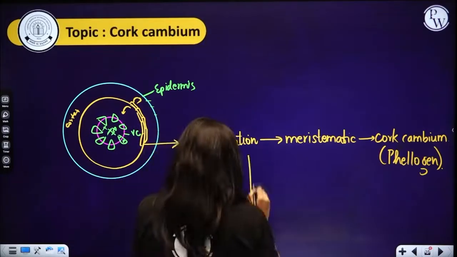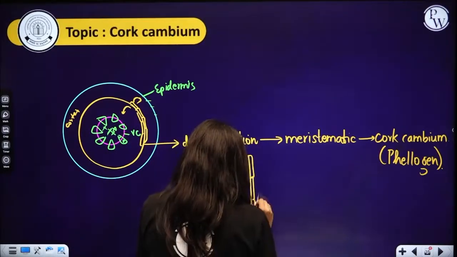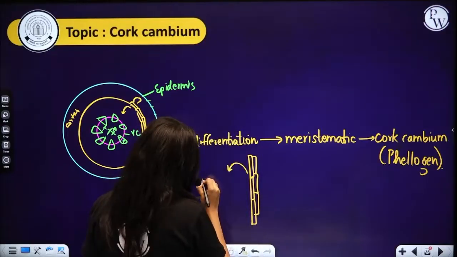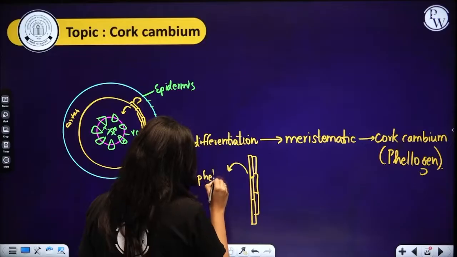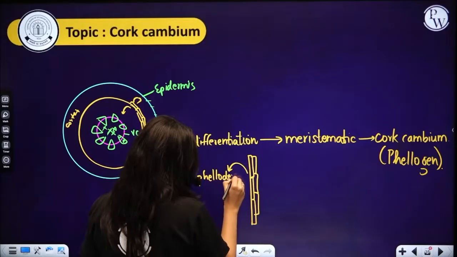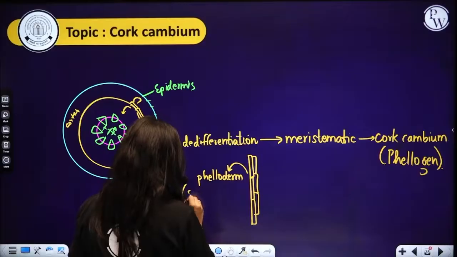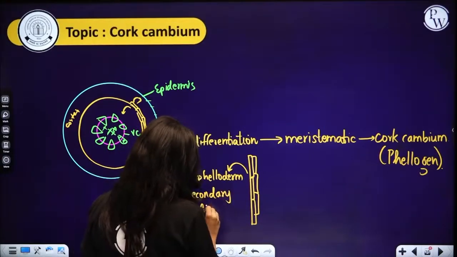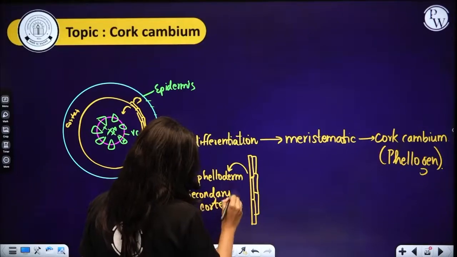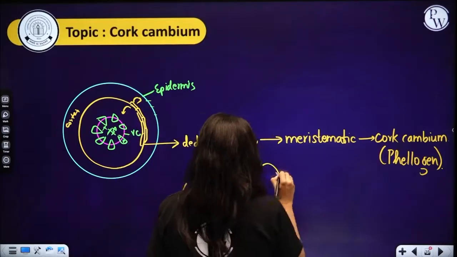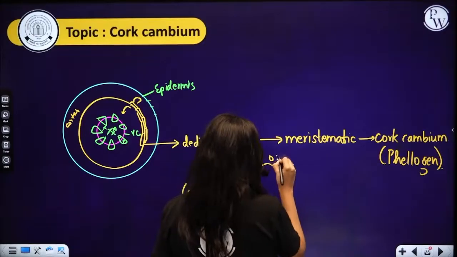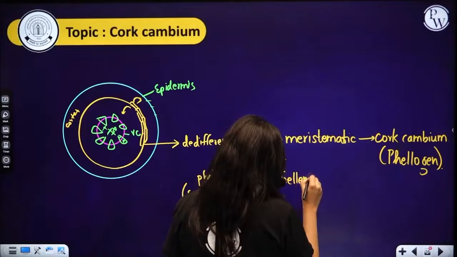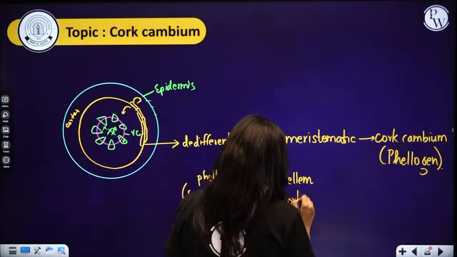Whatever cells are cut off from the cork cambium or phellogen towards the inside is called phelloderm or secondary cortex. Whatever it cuts off towards the outside is called phellem or cork.